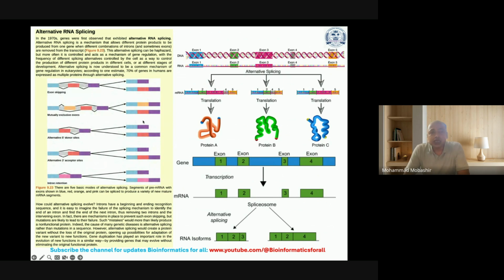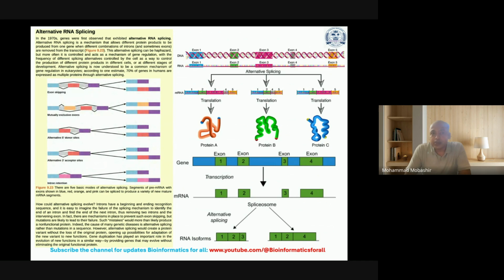So the genes first were observed like that exhibited alternate RNA splicing. Alternative RNA splicing is a mechanism that allows different protein products to be formed or produced from one gene when different combinations of introns are removed from the transcript.